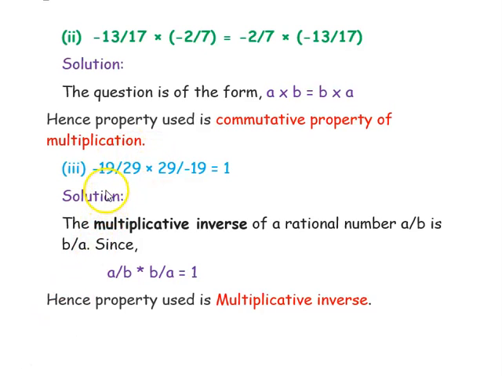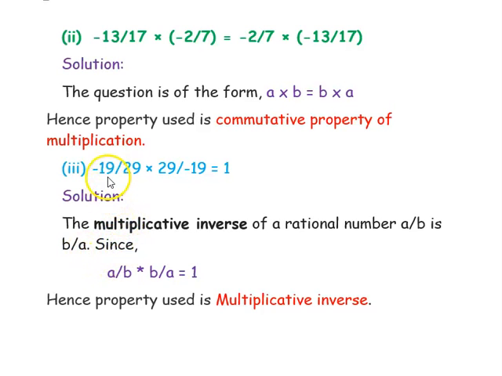The next question given is negative 19 divided by 21 times 29 divided by negative 19 equals 1. We have already seen this type of question. Now we'll analyze what is given and what type of property it is. If a by b is the rational number given, you know that its multiplicative inverse will be b by a.